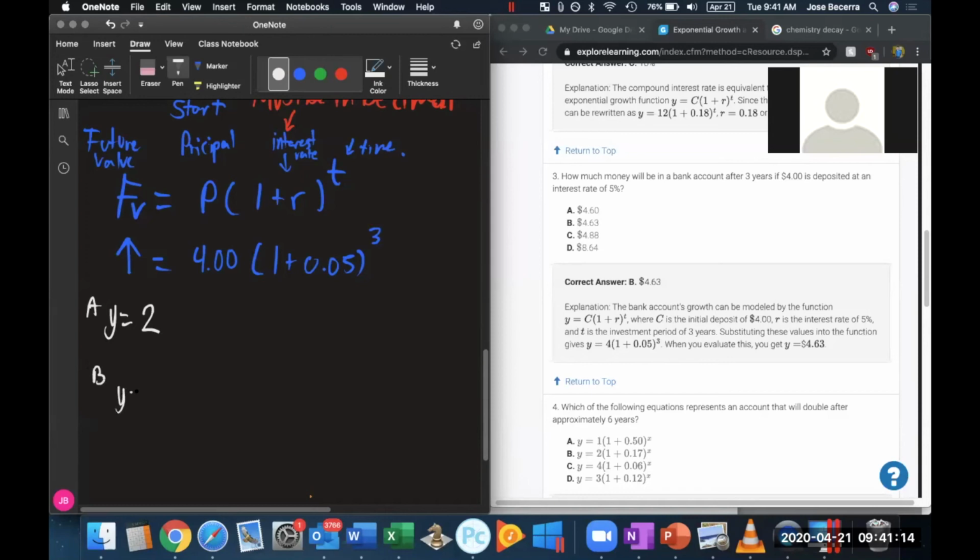For B, what should my y equal, guys? It should be 4, because we're taking this initial amount right here. Do you guys see this? And we're doubling it. We're trying to get it to double. For C, what should it be? Ruben, what should it be for C?